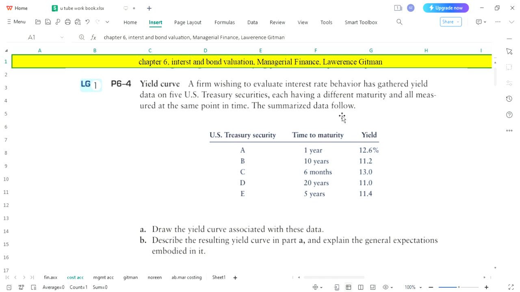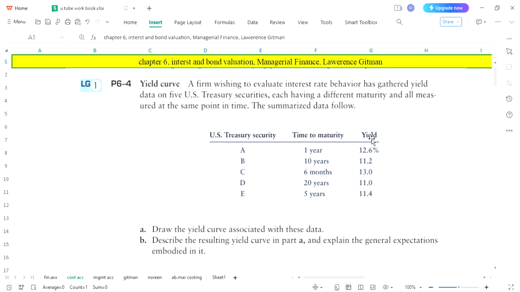So we have different opportunities showing that if you deposit your amount for 1 year, you will get 12.6, and if you deposit your amount for 10 years, you will get 11.2. In this way, different rates of return are given, and we want to know the relationship between time and yield.